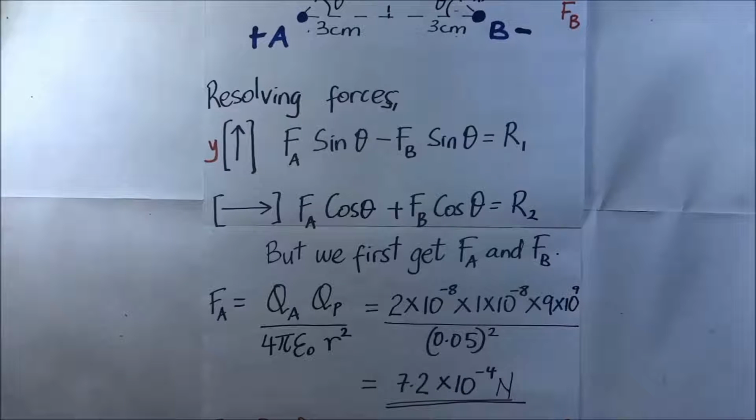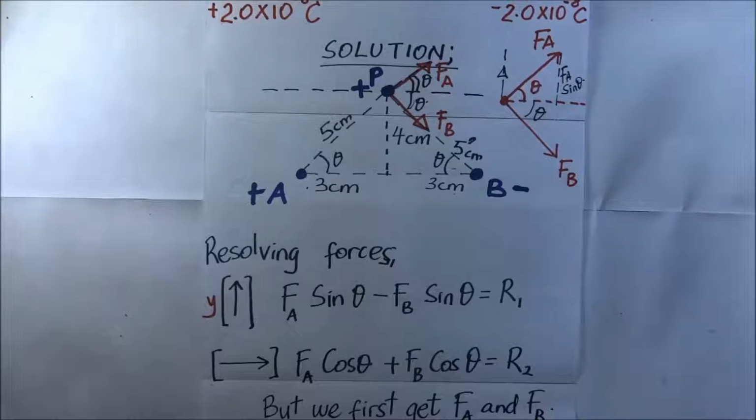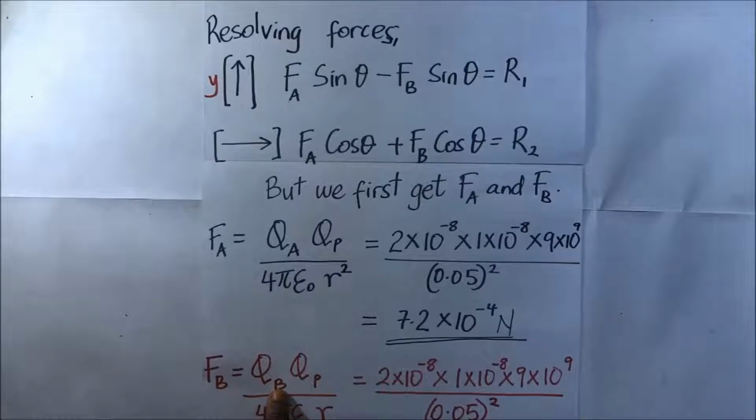So now let's find FB, the force acting on P due to B. We get this using the same formula: the charge on B times the charge on P, divided by 4 pi epsilon naught times R squared.